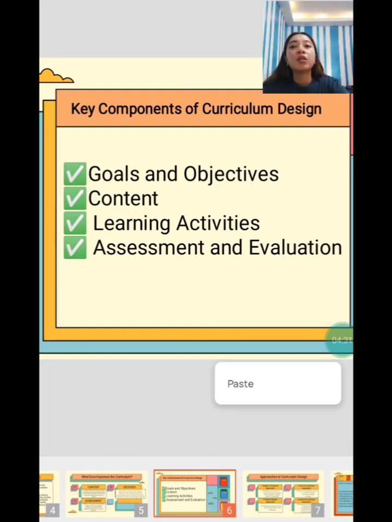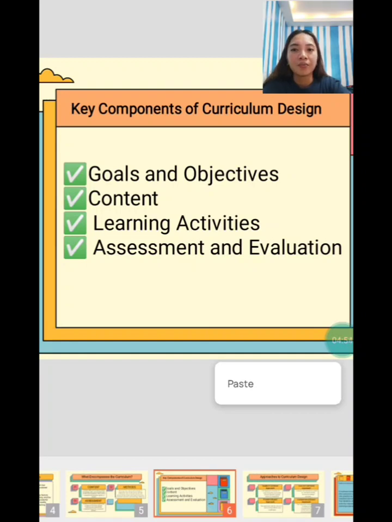So first is the goals and objectives. Clear and measurable goals and objectives define the desired outcomes of the curriculum. They outline what students should know, understand, and be able to do by the end of the learning experience.